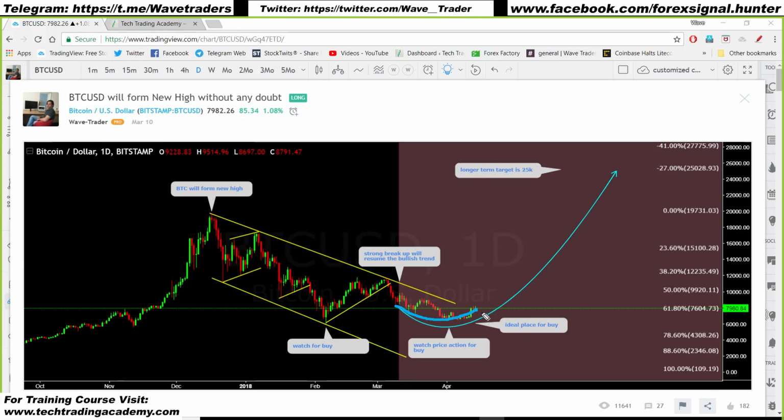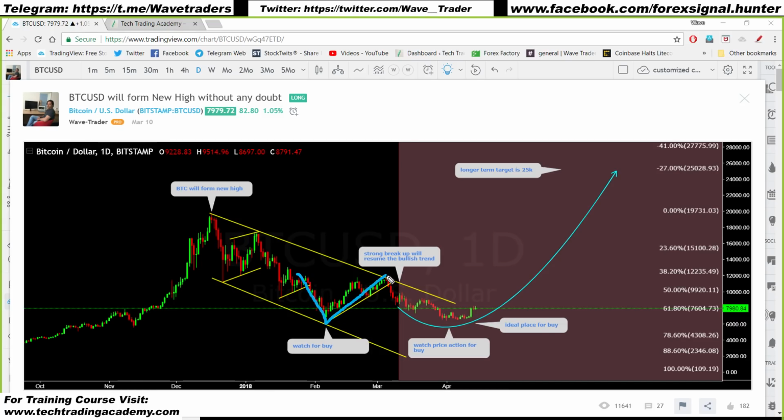Basically this is a pattern, the way I have just drawn the arrow over there. Maybe some of you guys are familiar with that pattern.